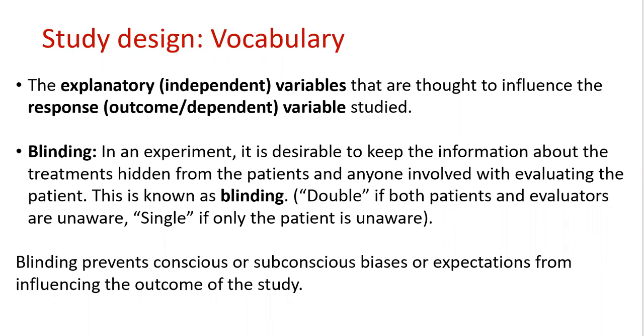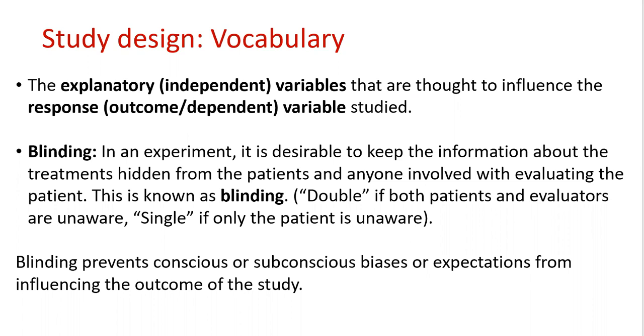That was our explanatory variable. And the result, whether the person got polio disease or did not, that was a response or an outcome variable, which depended on the explanatory variable.